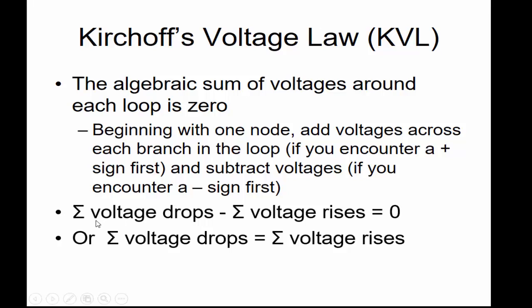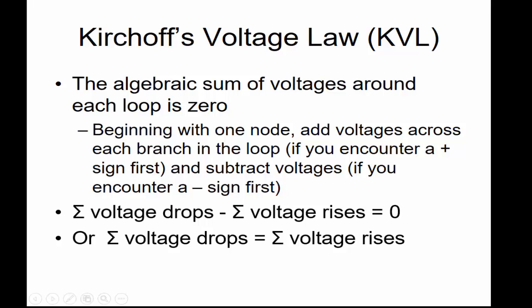So if we look at the summation, what are we saying? We're saying that the summation of the voltage drops minus the voltage rises is equal to 0. What it means is that we have the positive voltages, those that start with a plus, and then we subtract those that start with the minus, and we should get 0.